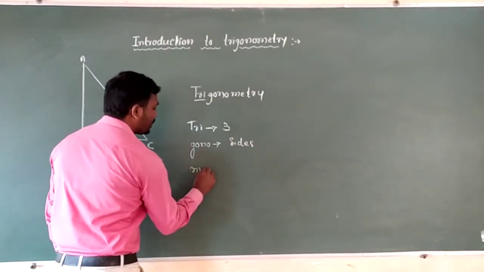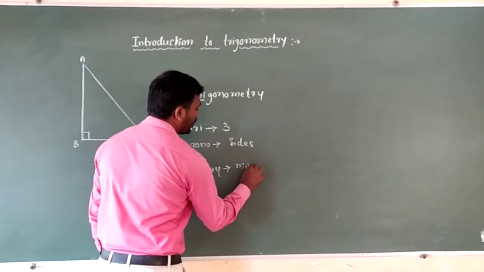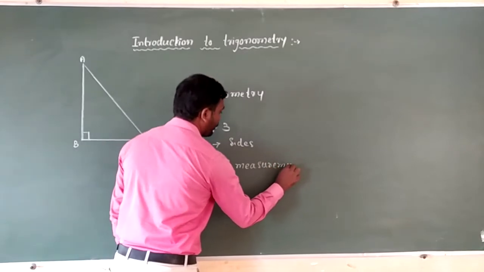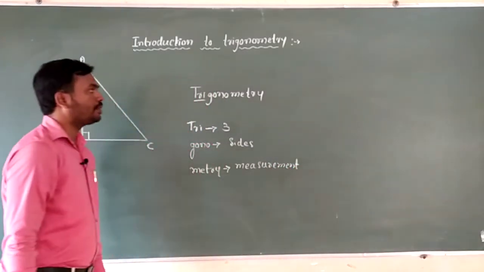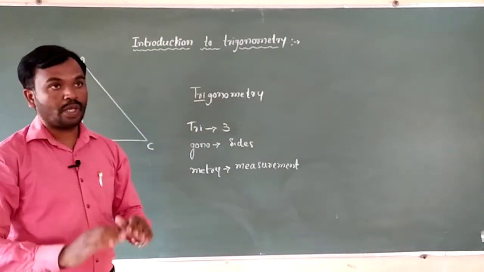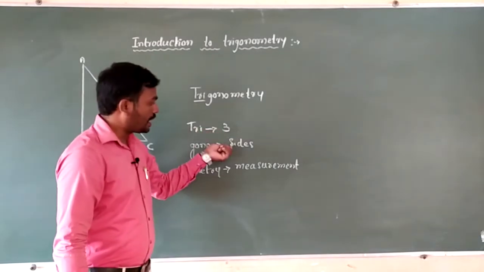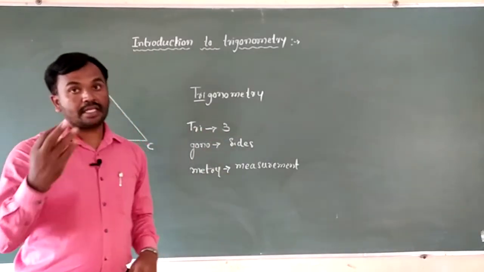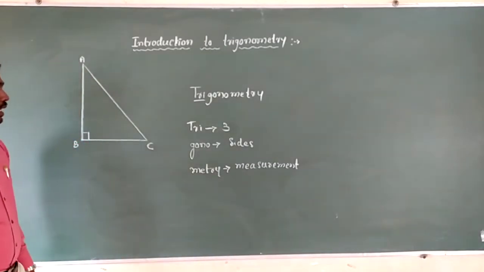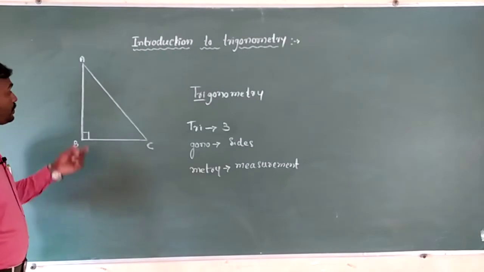Metry means measurement. The name tells us to measure the three sides of a triangle. A triangle has three sides, so we have to measure the three sides of the triangle. So trigonometry is the measure of three sides.